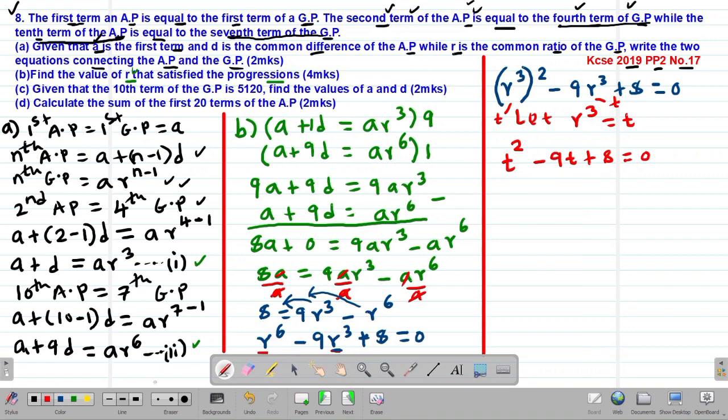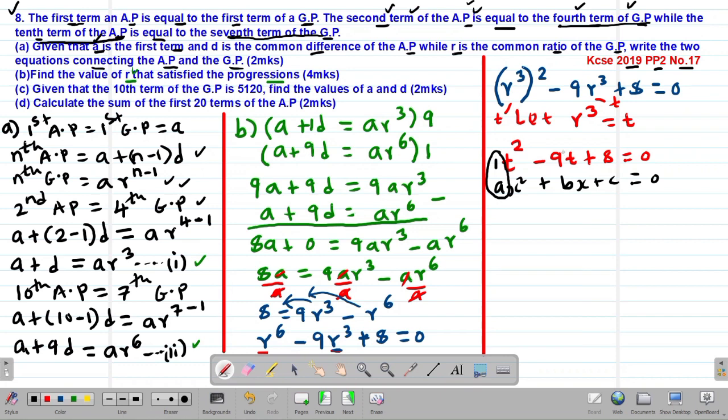Of course, you can see this is clearly a quadratic equation, which can be solved using the quadratic formula. The quadratic formula dictates that this is in the form ax squared plus bx plus c equals 0, where the value of a will be the coefficient of t squared, which is 1.